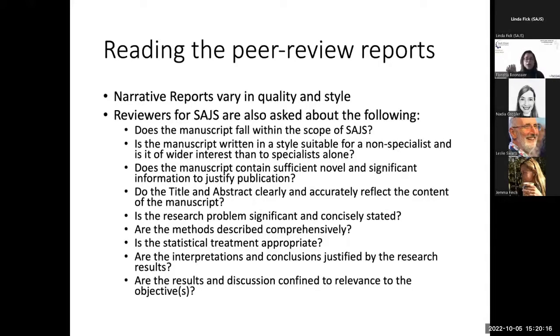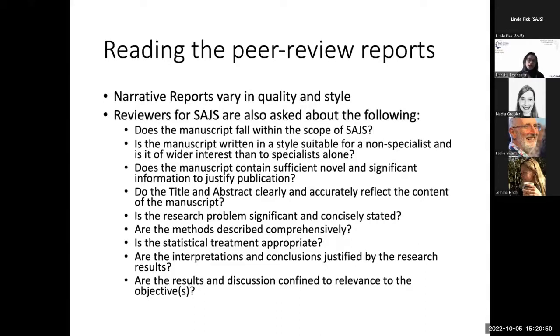But going back to the narrative reports, they do vary in quality and style. In the previous presentation, there were really good suggestions about how to write these reports, in terms of how to structure them and the detailed process of reading. But it is important to note that people have varying amounts of time to spend with the review. And so they do vary quite a bit across the board.